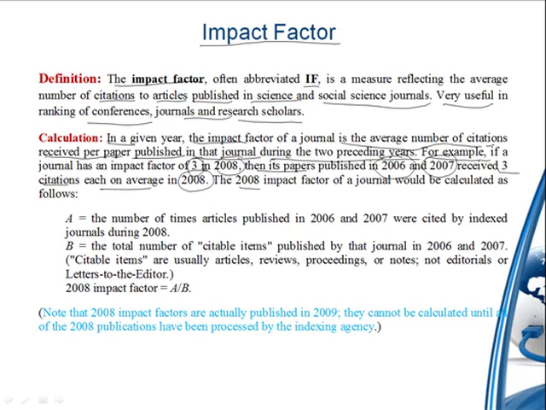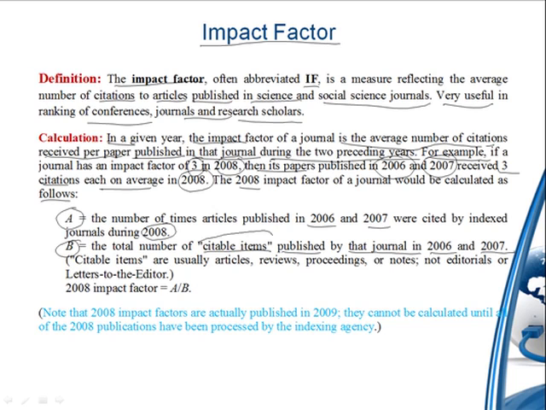The 2008 impact factor of a journal would be calculated as follows. A is the number of times articles published in 2006 and 2007 were cited by indexed journals during 2008, and B is the total number of citable items published by that journal in 2006 and 2007.